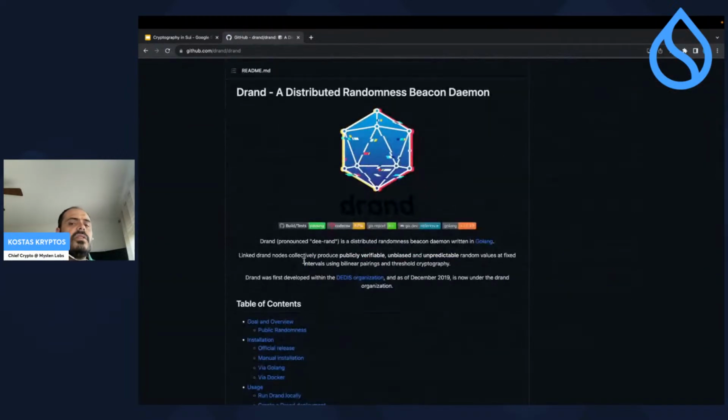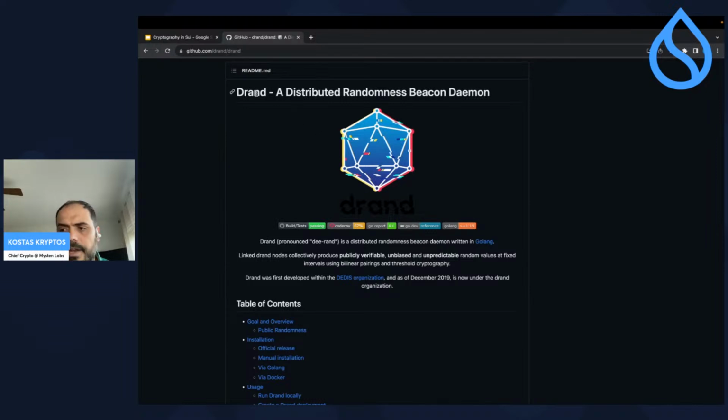DRAND is a distributed randomness beacon. So this is typically run by a few servers outside SUI, and I think it's maintained by Protocol Labs, actually. There is an entity that produces randomness every few seconds, every 30 seconds. And because we have support, as I said before, for all of these crypto algorithms, you can even verify a DRAND beacon very quickly in SUI.